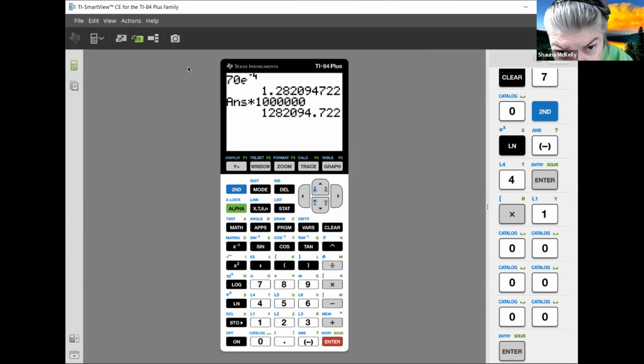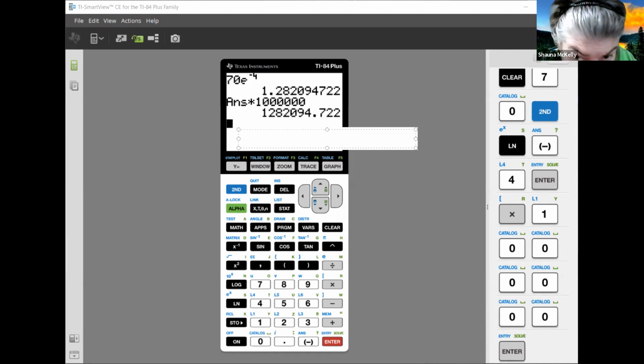So if I look at this answer now, this is 1,282,094.72. Now it says round it to the nearest 1,000. So if I'm going to round this, I want to know, is this answer closer to 282 million or 283 million?